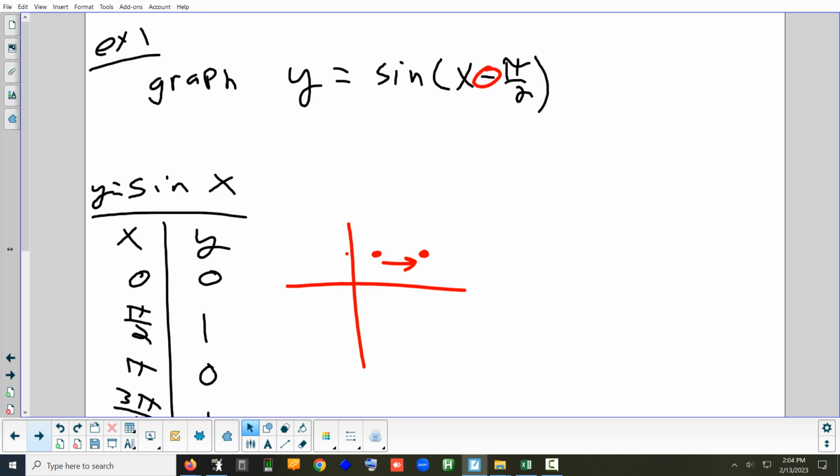So, what we're going to do to get something that's bigger is we would have to add. So when you see a minus here, that means everything is going to move to the right, which means you need to add to your x value. How much are you going to add? You're going to add that much, pi over 2. So just like we keep saying, it's the opposite of what you would expect.